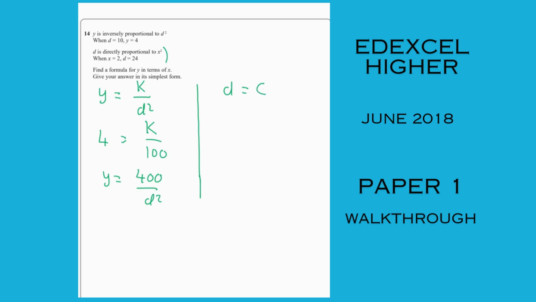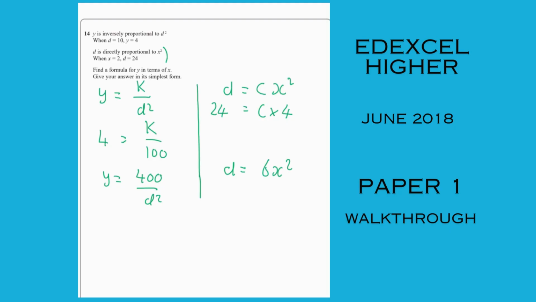I'll use a different letter to x squared. D is 24 when x is 2. So that's C times 4 then. So as you can see, C is 6. So we've got this second equation. D is equal to 6x squared.